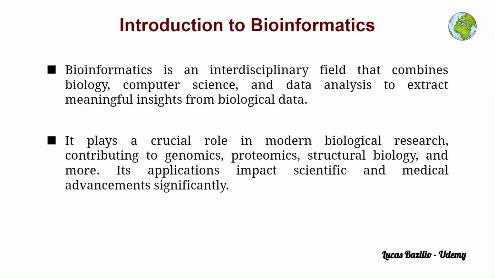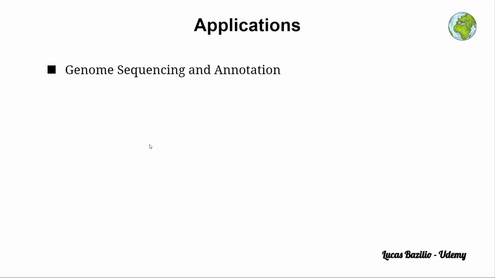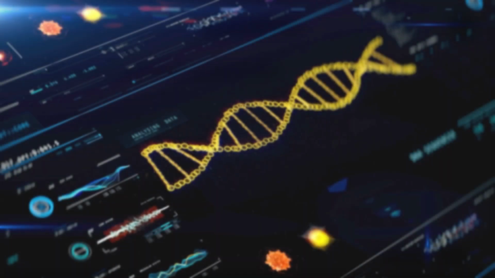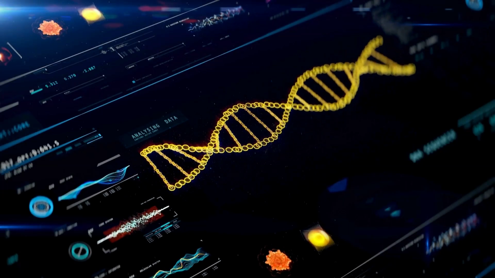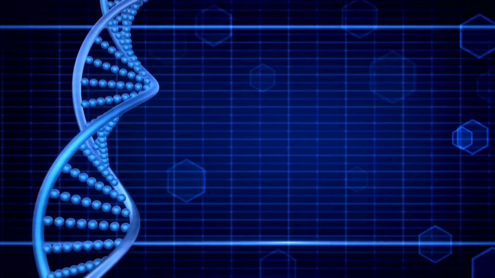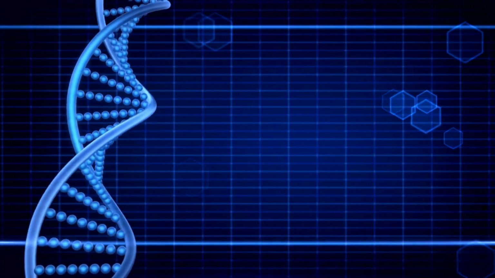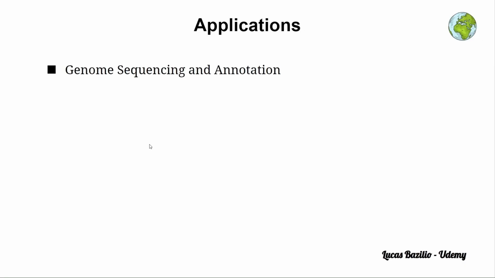Let us now delve into some of the main applications of bioinformatics. First of all, in genome sequencing and annotation, bioinformatics plays a crucial role in the analysis of DNA sequences obtained through genome sequencing projects. It helps to identify genes, regulatory elements, and other features within the genome.